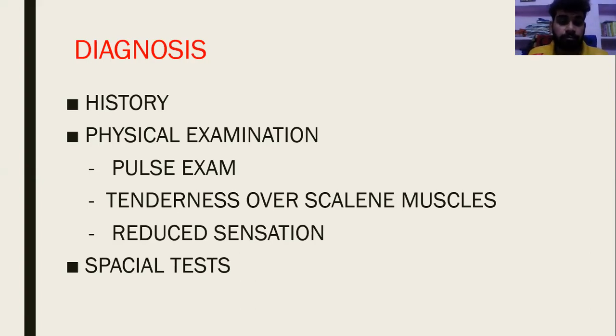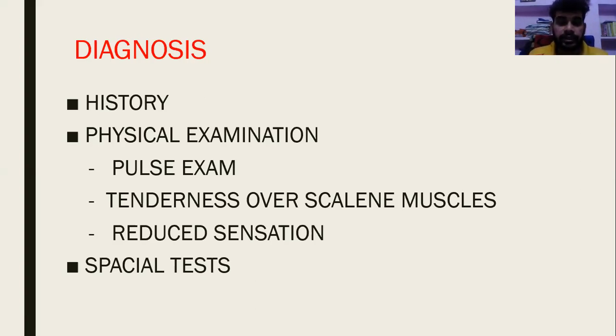Physical examination includes pulse examination. We palpate the radial pulse and move the arm up in abduction, adduction, external rotation, and internal rotation. We will know about this in upcoming slides.